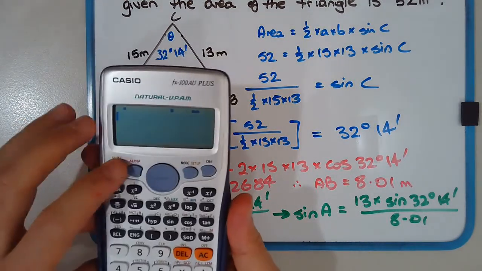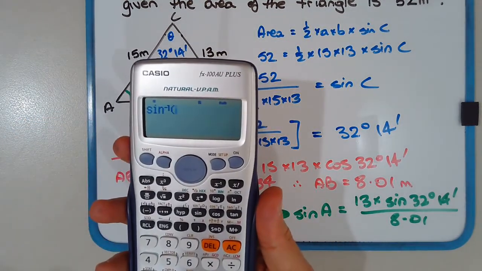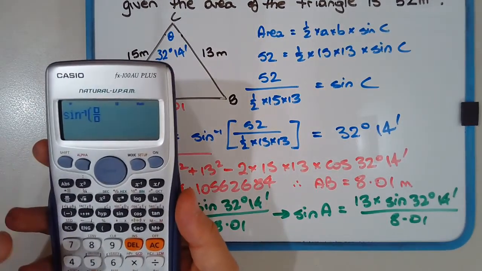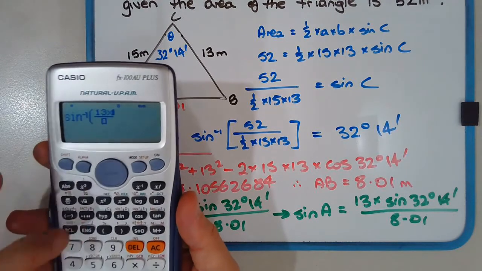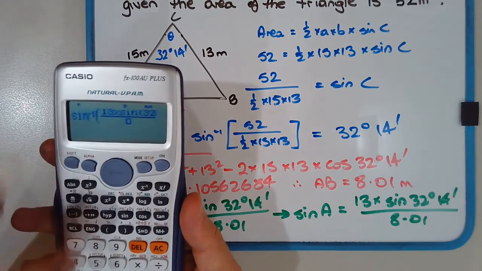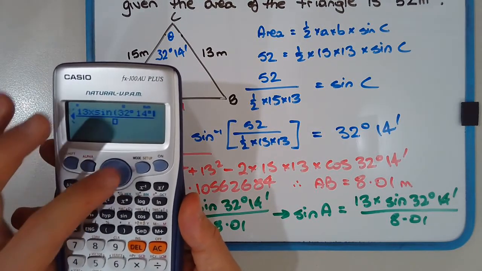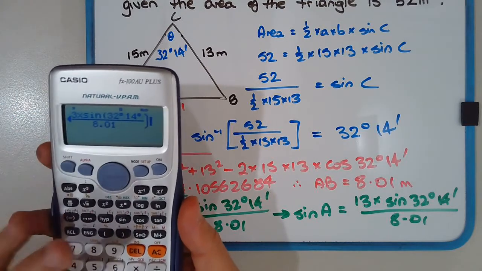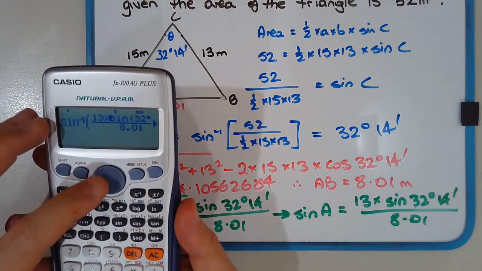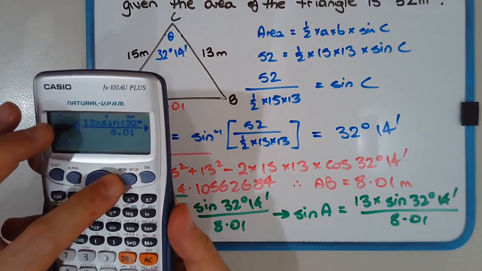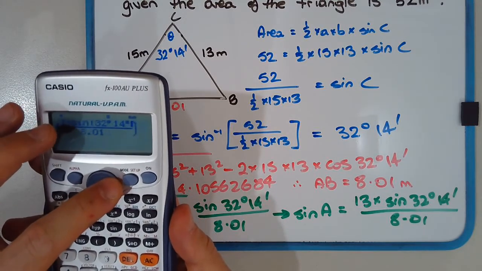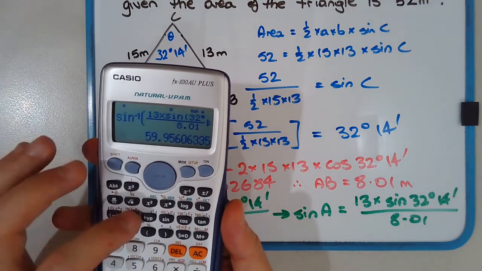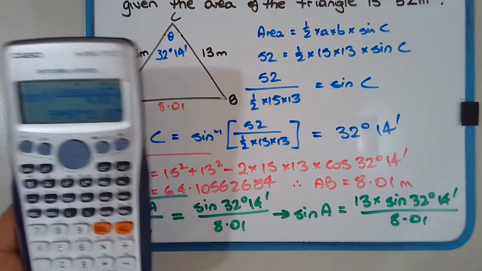I might just do the last little bit of working out here on the calculator. I've just run out of space there. So that's going to be the inverse sine of 13 multiplied by sine 32 degrees, 14 minutes over 8.01, close bracket, and it's going to be 59 degrees.